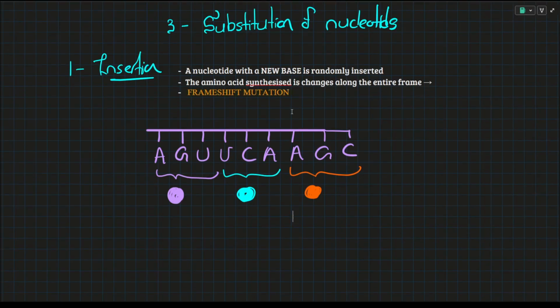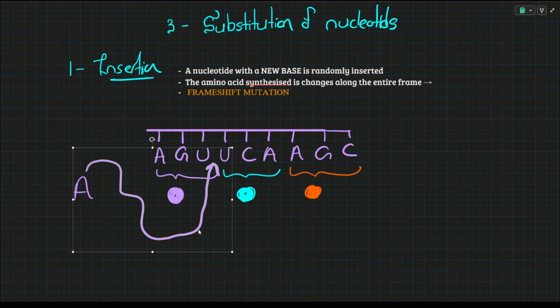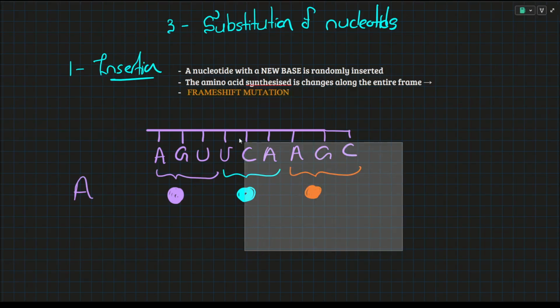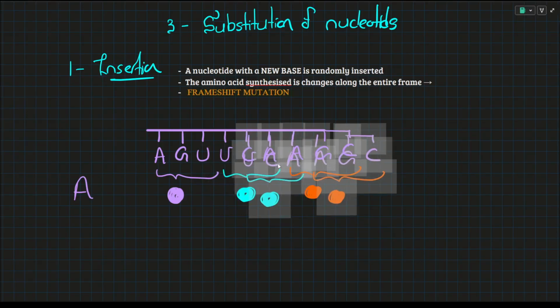Now let's say an insertion happens, meaning a completely different nucleotide just gets inserted somewhere here. Because of that, all these things are going to have to move a notch down.